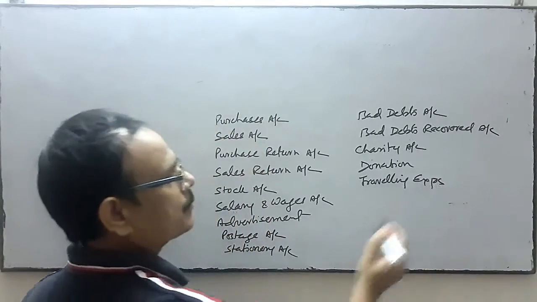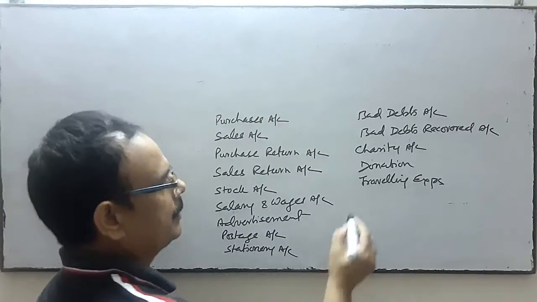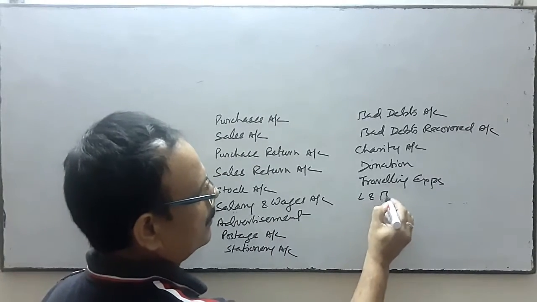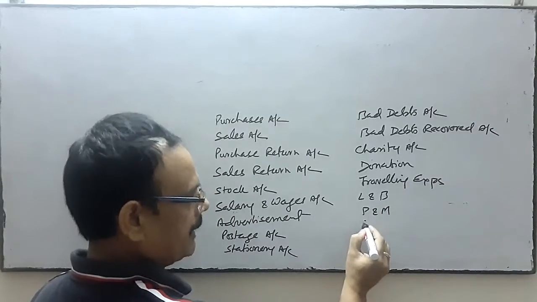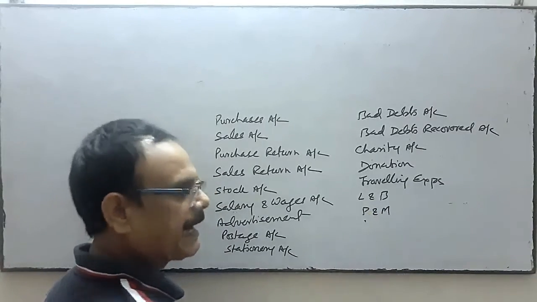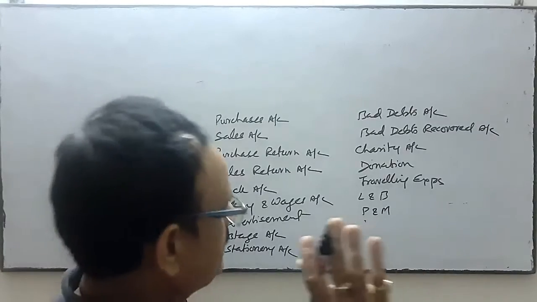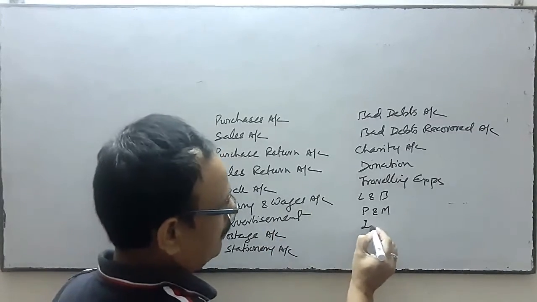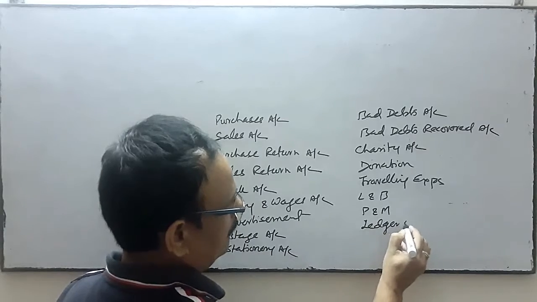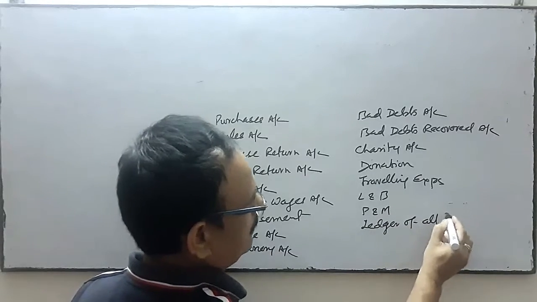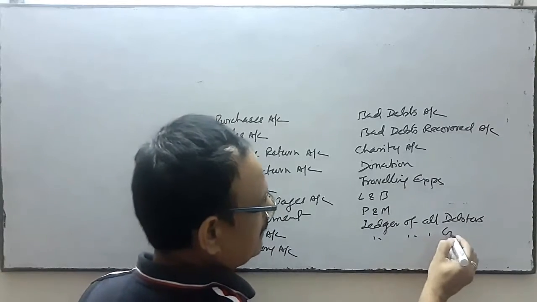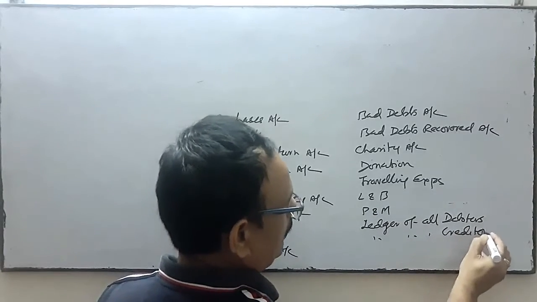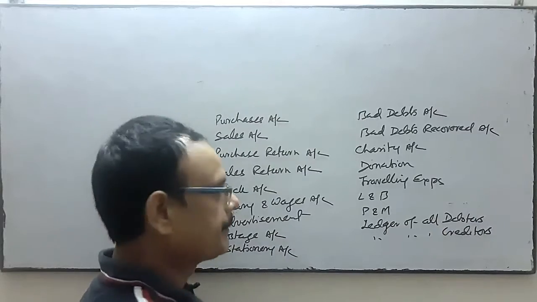every account, land and building account, plant and machinery account, your debtors, maybe X, maybe Y, all the debtors ledger will be prepared, ledger of all debtors. Ledger of all creditors will be prepared.